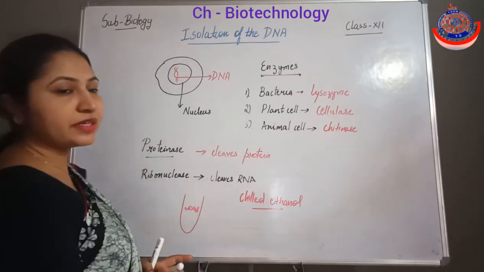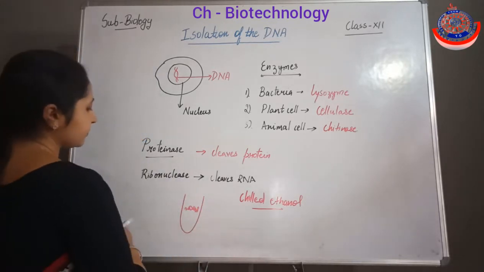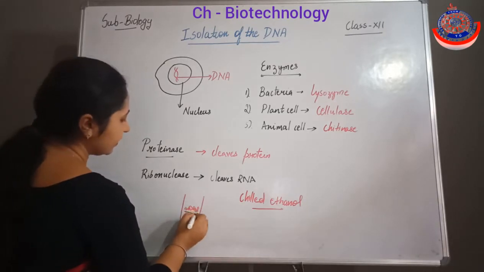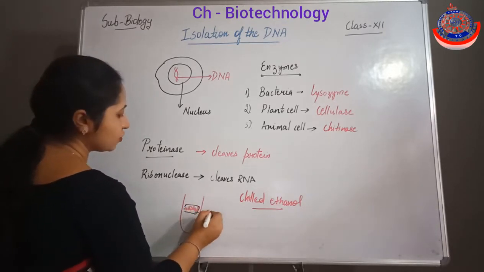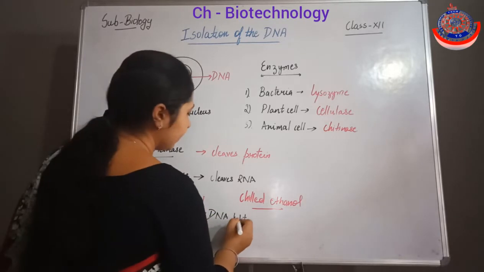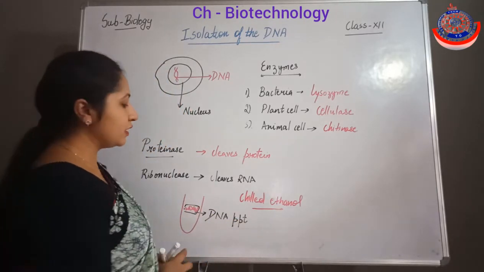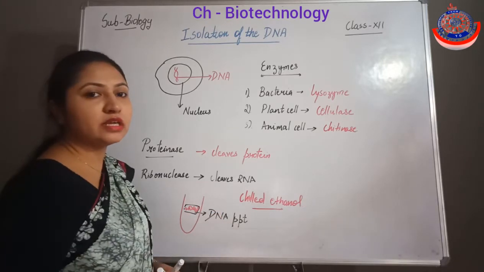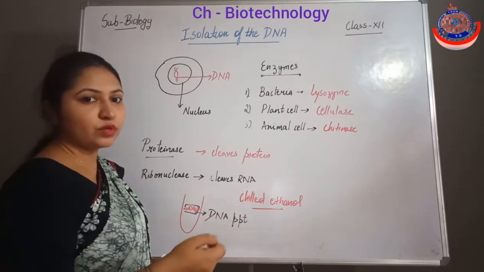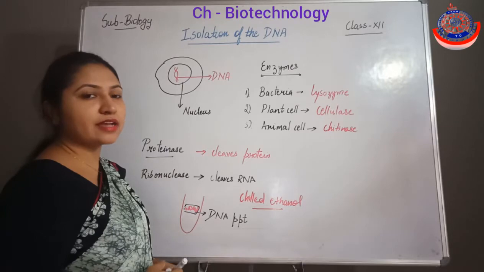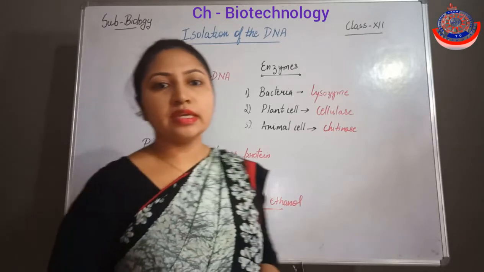The DNA present in the supernatant will get precipitated. And in this manner, with the help of a glass rod, we can easily separate it and isolate the DNA from the cell.